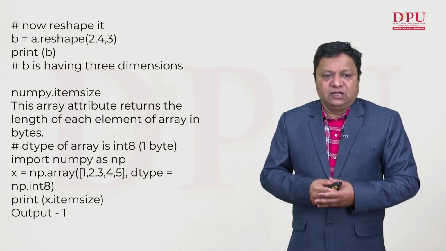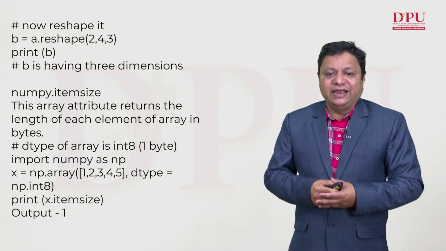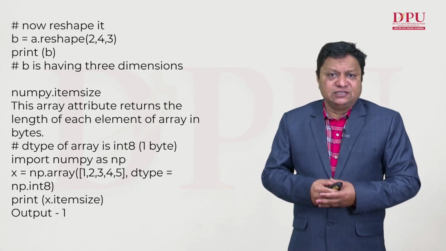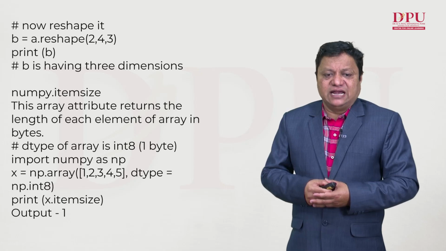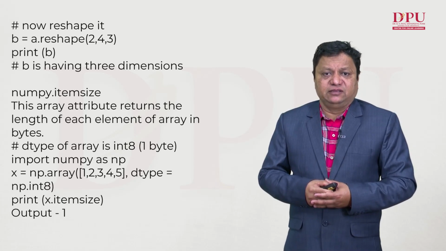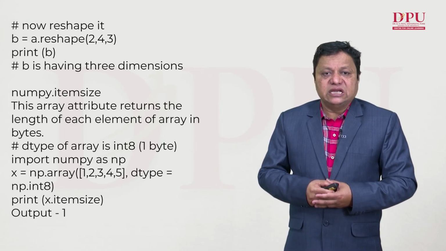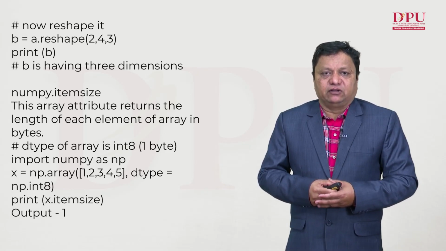For example, the dtype of the array is int8, that is 1 byte. So if I write code like import numpy as np, x is equal to np.array, and I specify the values as 1 2 3 4 5 in square brackets, and specify the data type as np.int8, int8 occupies 1 byte of memory.